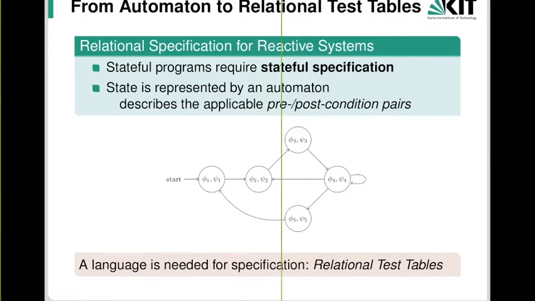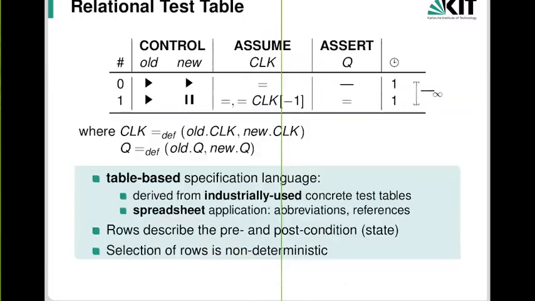This might seem a little bit cumbersome to have a specification language for such an easy automaton, but just for consideration, we have only drawn the edges which are taken on the successful application of a contract, not the error case where a contract might fail and how we should proceed with that. So relational test tables describe such an automata.